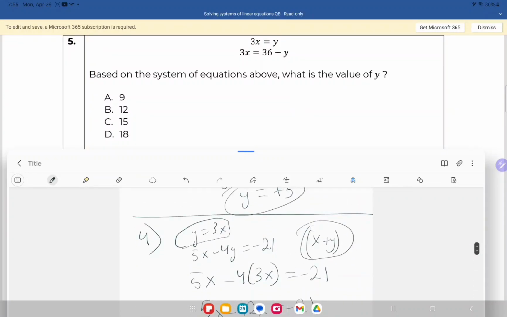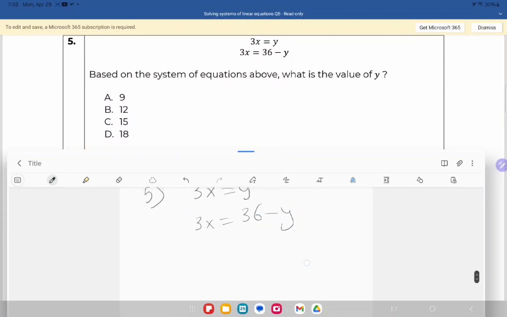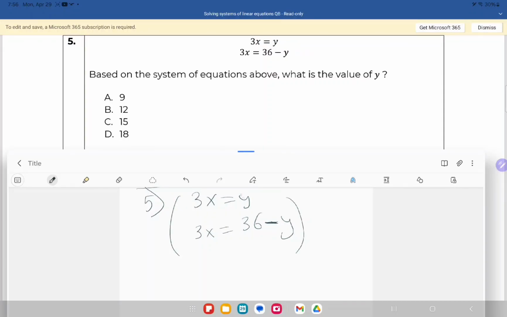It looks similar to this one, with different numbers. So I can add them. It's easier to add them because this one is already minus y and plus y, so they will cancel out each other.